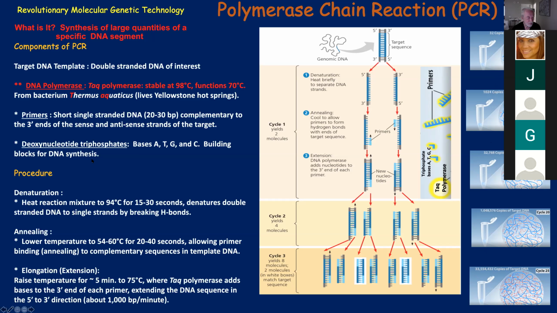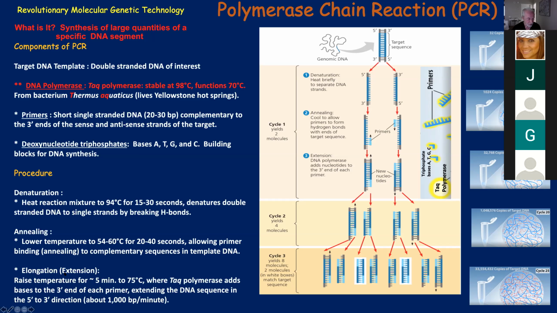So the procedure for that is off to the left here. You have a denaturation step, which separates the strands. You have an annealing step. So the denaturation step is usually some temperature above 90 degrees. The annealing step is usually 50 to 60 degrees, for 20 seconds or so.